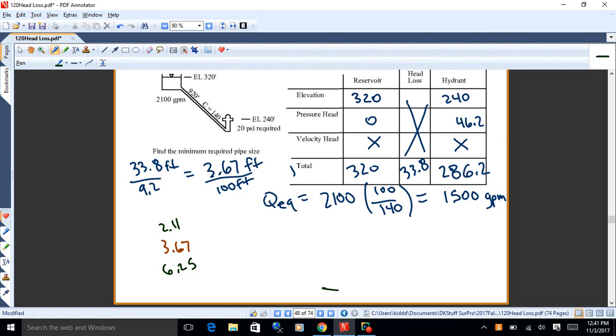No, it's 320. And see, that's how much head loss. Yeah, that would take you from 320 to 86.2.